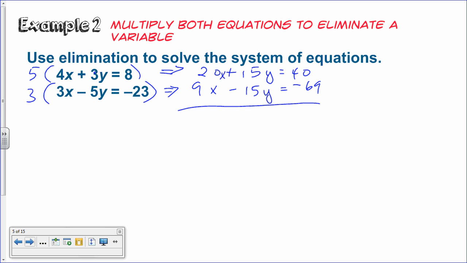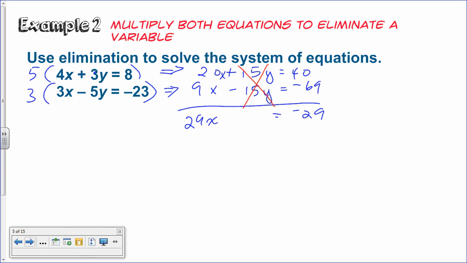So now what do I end up with? 29x. These two cancel out. Equals negative 29.